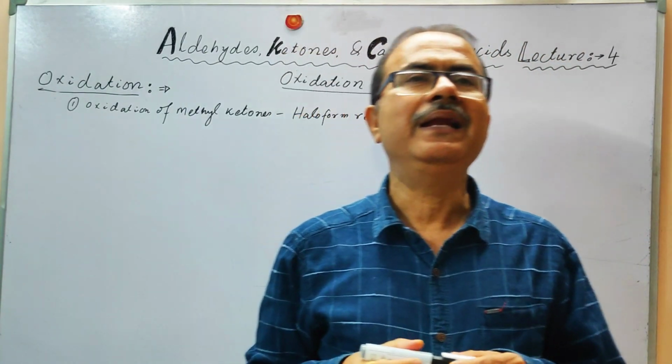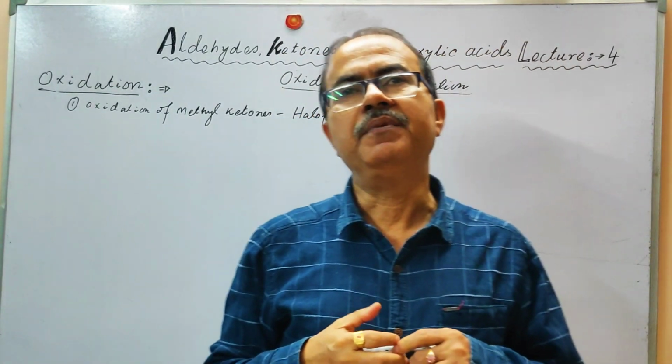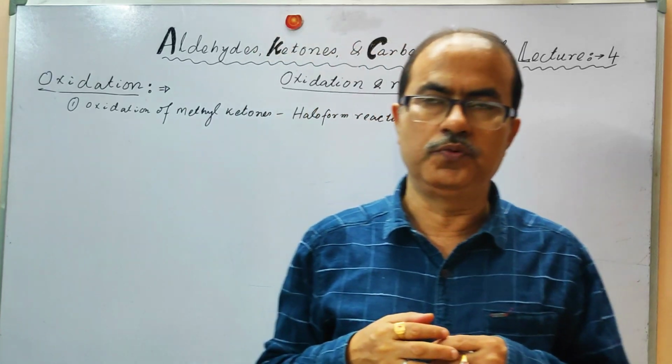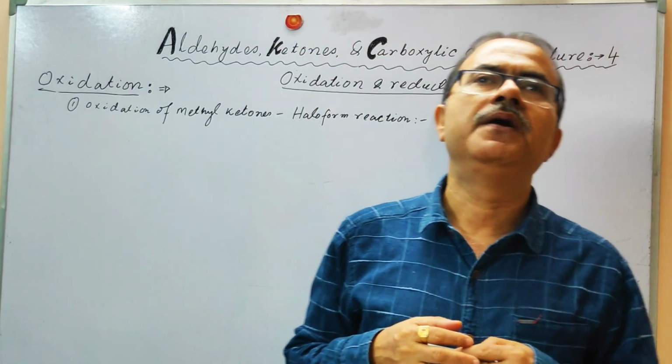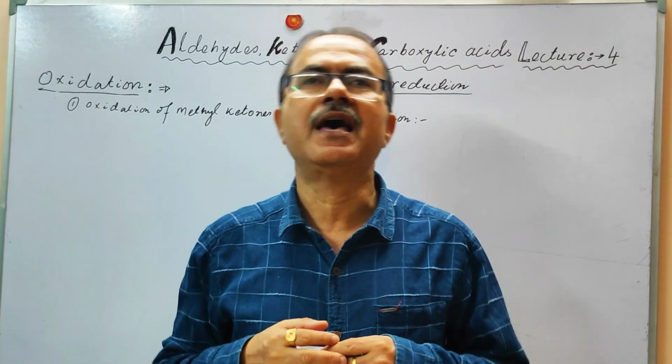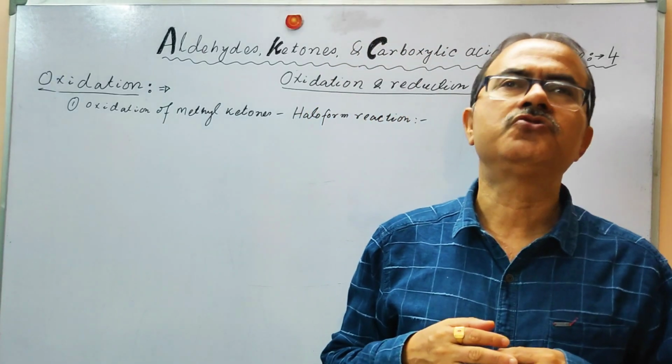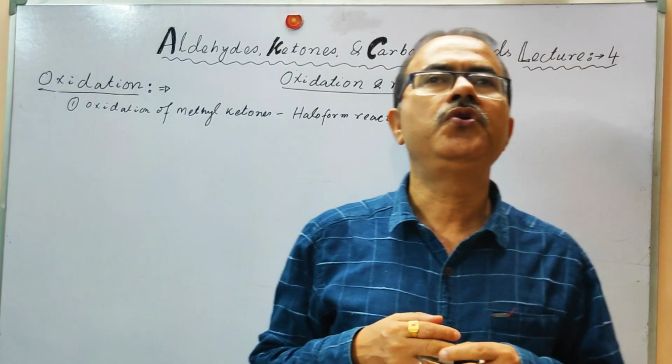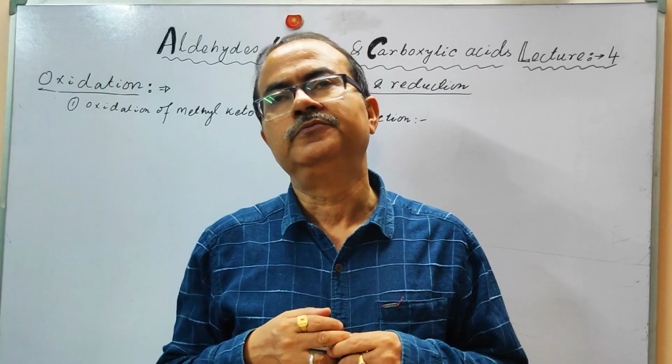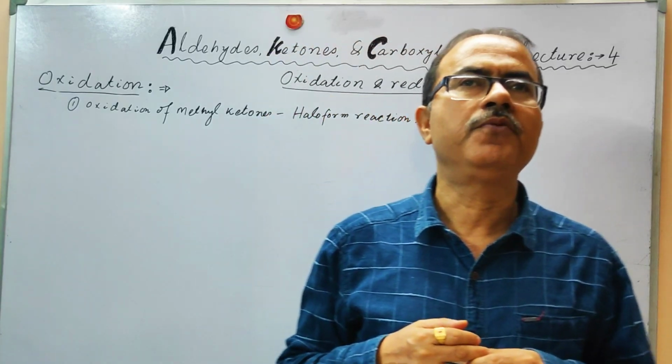Basically, when the aldehyde or ketone having this CH3CO group reacts with excess halogen in the presence of alkali, it will produce two very important products.